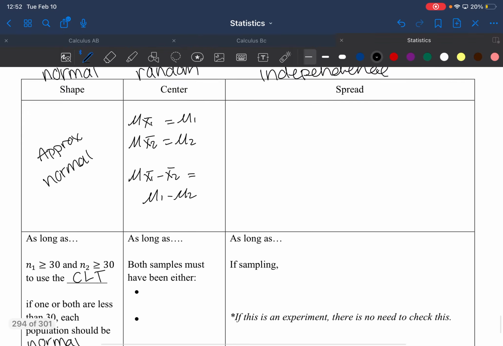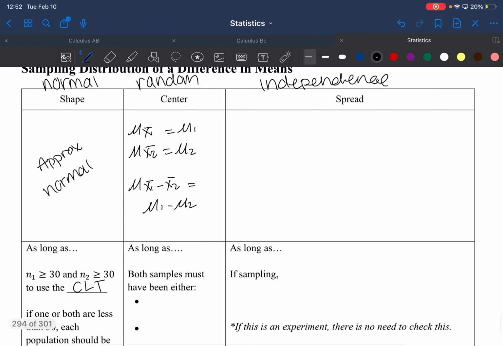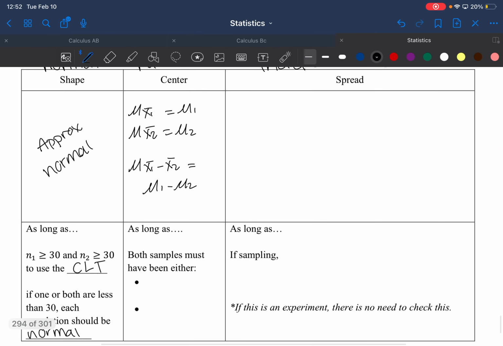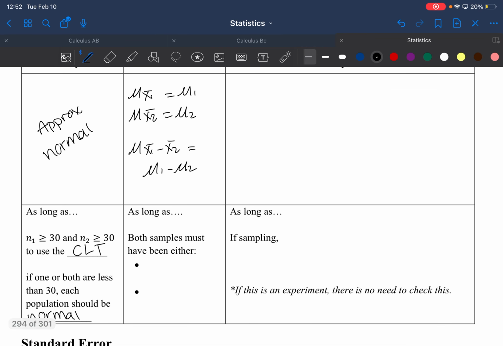Okay. Since this is the random condition, that tells us that both samples must be what? Randomly, what's the first one? Selected. So randomly selected, which means we are dealing with a sample, or sampling distribution.